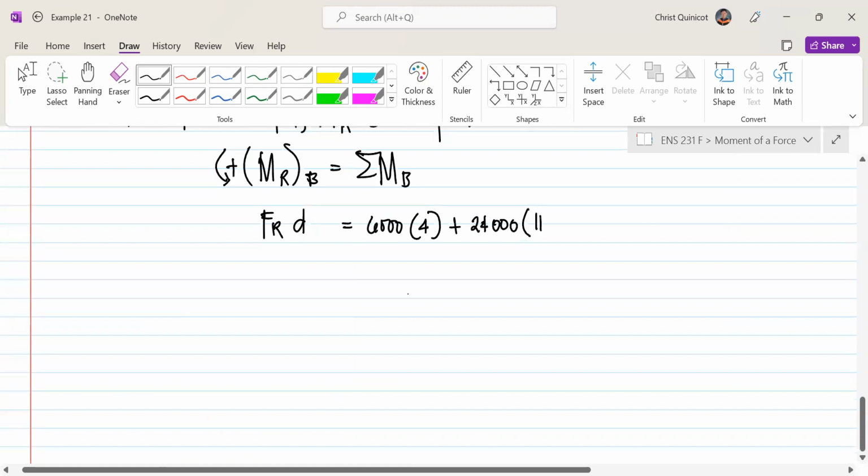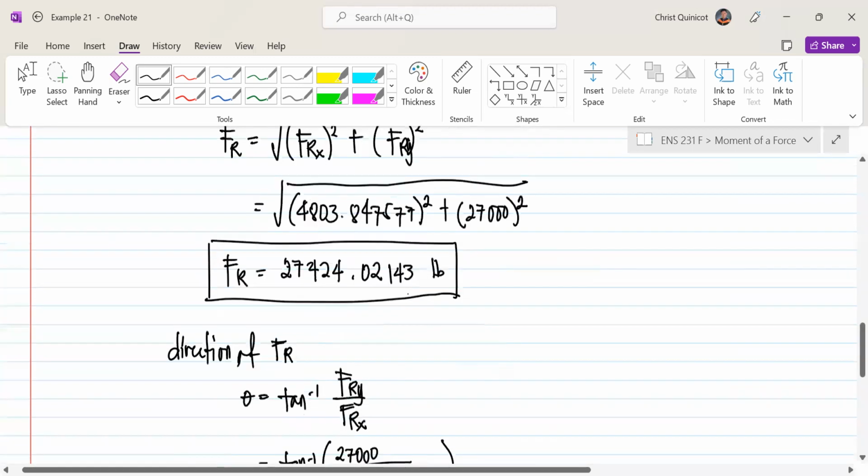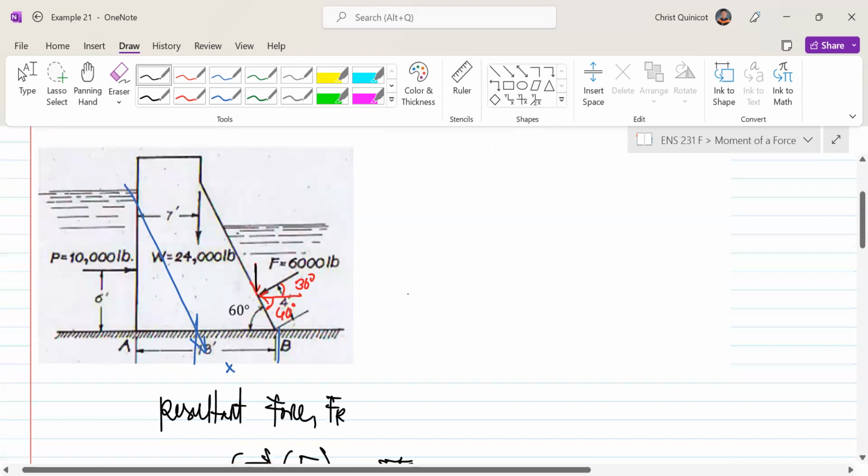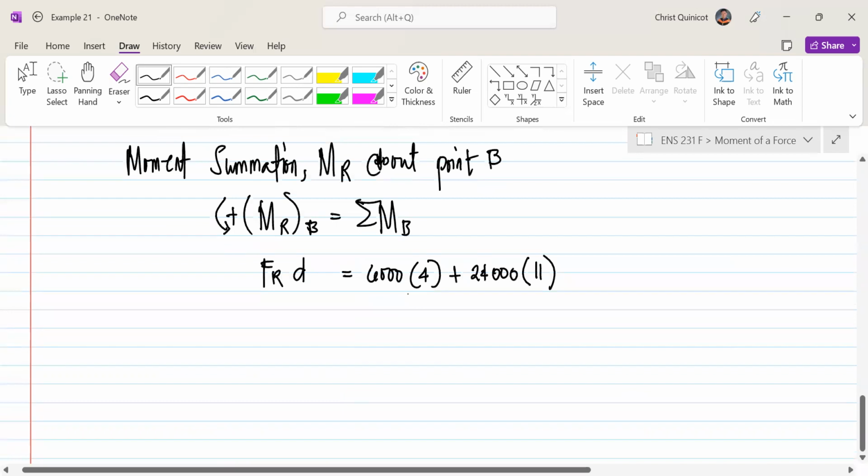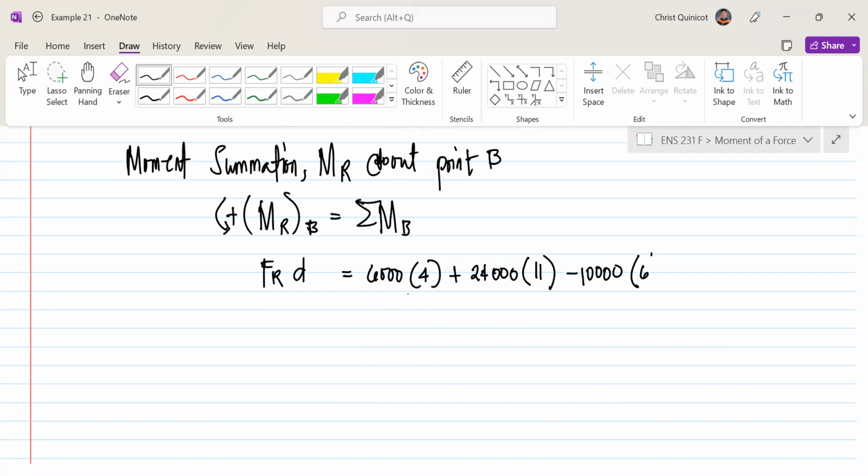Our last force, 10,000, is applied to the right with a perpendicular distance of 6 feet. It creates a clockwise moment, so that's minus 10,000 times 6.